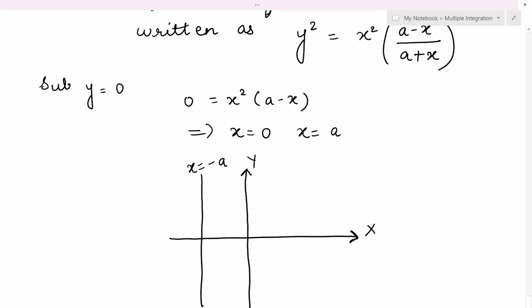The loop will be something like this. If you plot it, it will be symmetric to the x-axis. And if you consider all the points and plot the curve, this will be your asymptote.